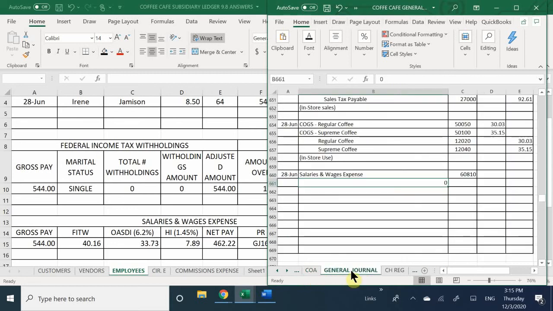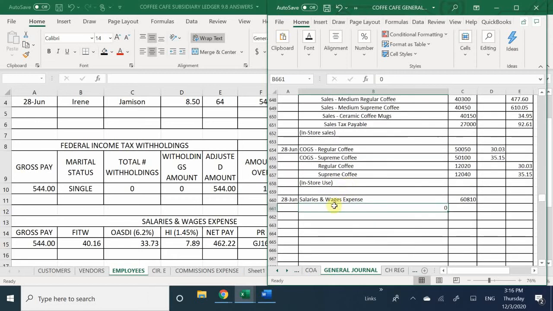No. So what are we doing? We're going to hold on to it. If we're holding on to it, what does that mean? It becomes a liability. So what accounts am I going to use? The employee FITW payable, employee OASDI payable, employee HI payable. Good, correct. So all of that.